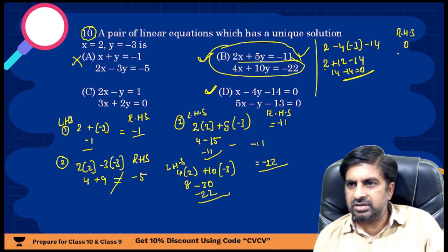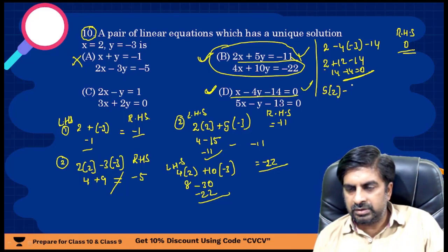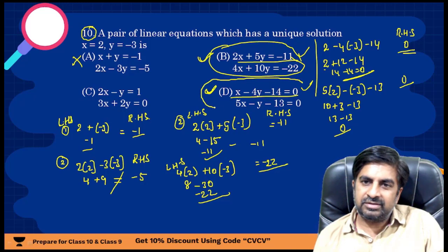You can see LHS 0, RHS 0. So this is working. Now here 5 into 2 minus minus 3 minus 13 and RHS 0. Let us see: 10 plus 3 minus 13 is 0, and here also 0. So both these answers are correct.